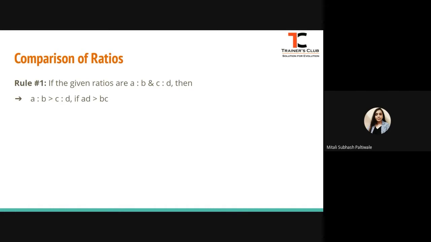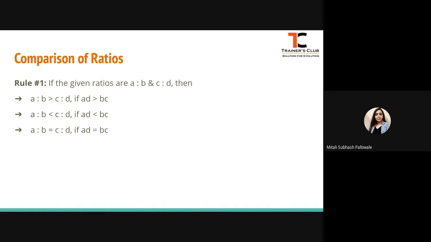A and D are the extremes, and B and C are the means. So we multiply the extremes and the means. If after multiplying we get AD, the extremes, greater than BC, the means, then the ratio is greater.